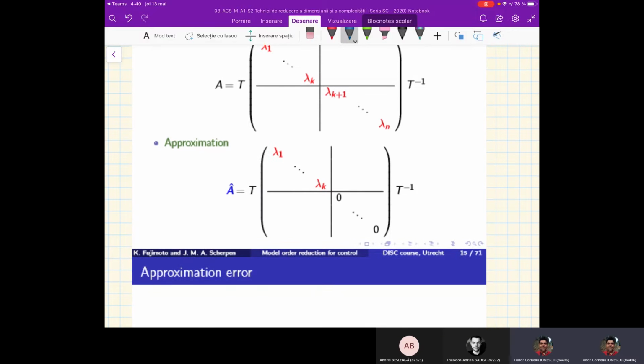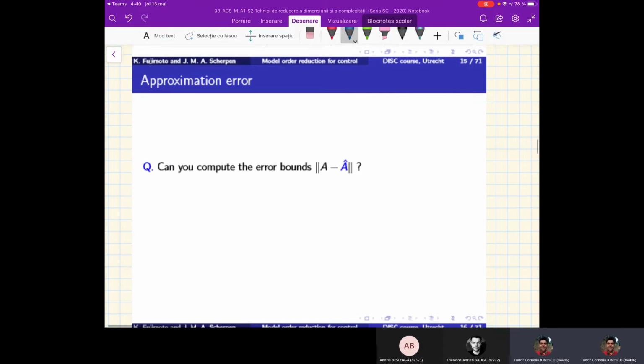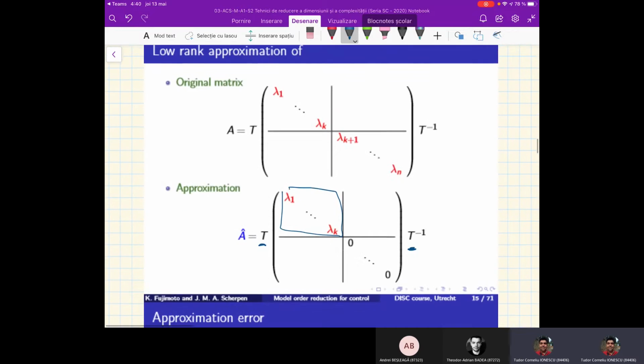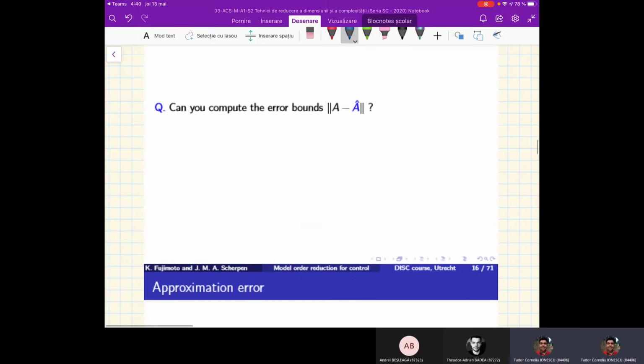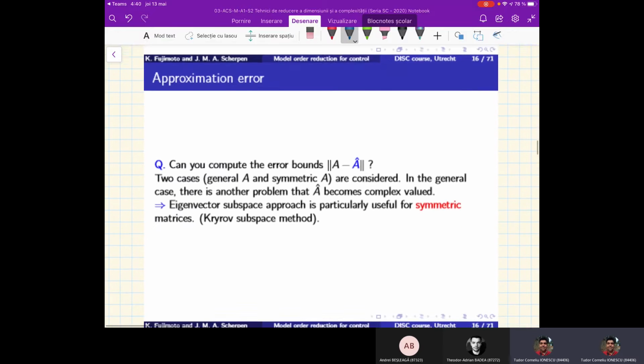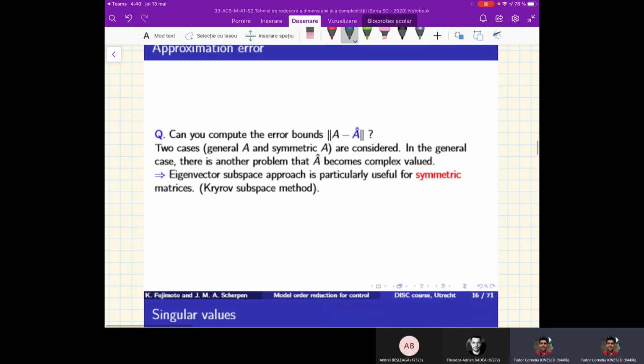And then you approximate by truncating, taking only this part of the original matrix and using the same transformation T. When you do this, can you compute the error bounds, some norm of A minus A hat? For general A and symmetric A, there are two cases to consider.